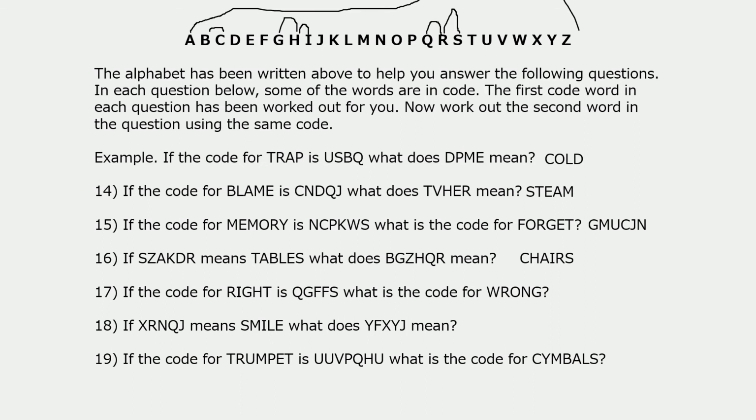Now, question 17. If the code for right is QGFFS, what is the code for wrong? So what's the similarity between R and Q? We'll move 1 back. I to G, we move 2 back. G to F, move 1 back this time.